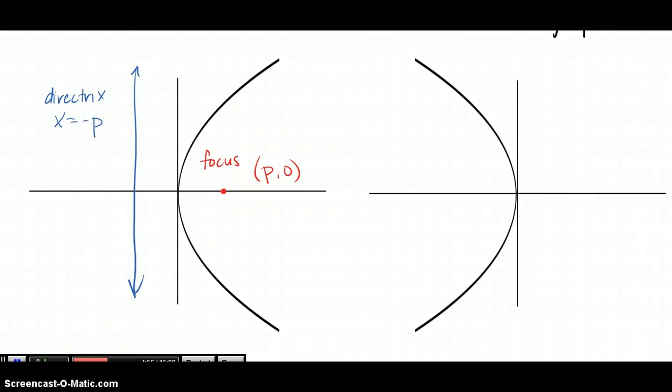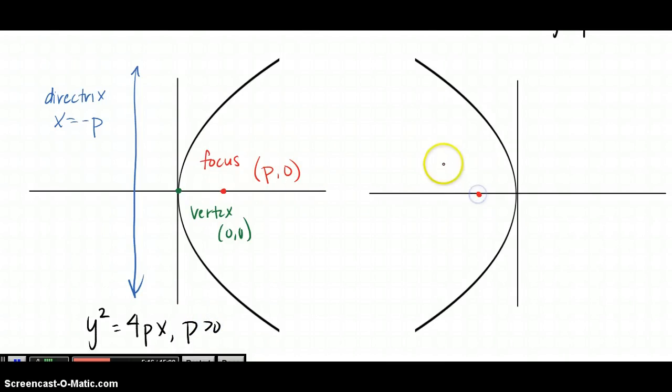And the vertex is still (0, 0). So now the equation for these is going to be y squared equals 4px, and our p is greater than 0 because it's positive.